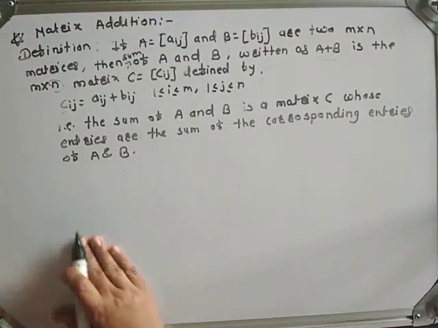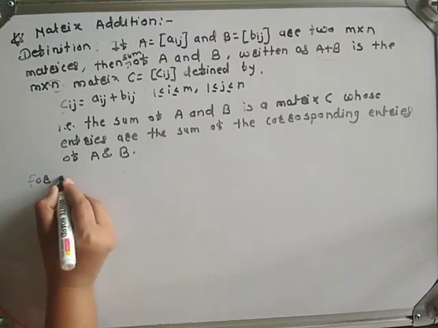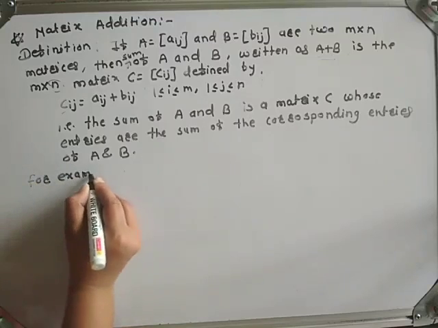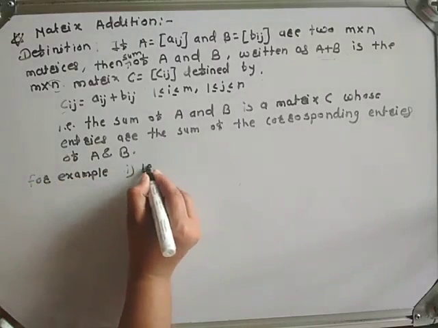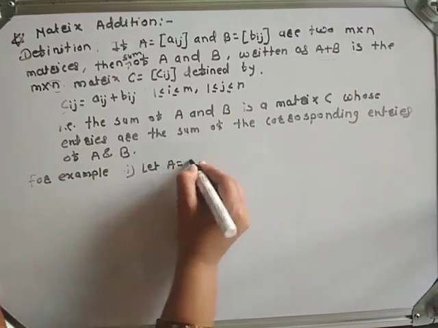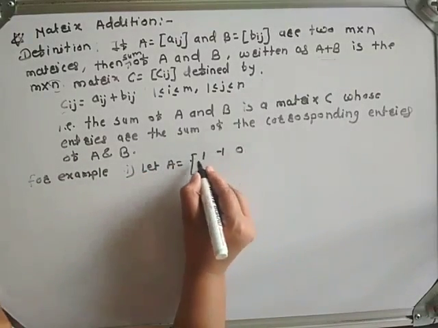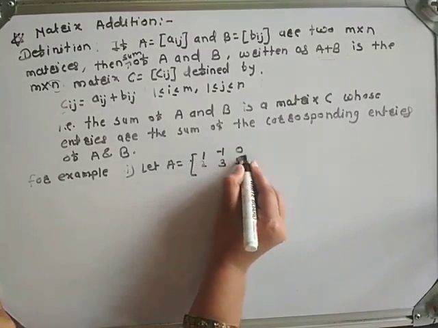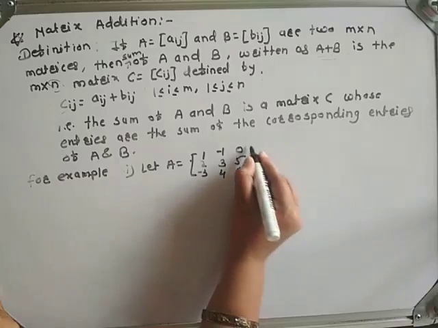Let us see examples on matrix addition. For example, first let A is equal to matrix 1 minus 1 0 2 3 5 minus 3 4 6.